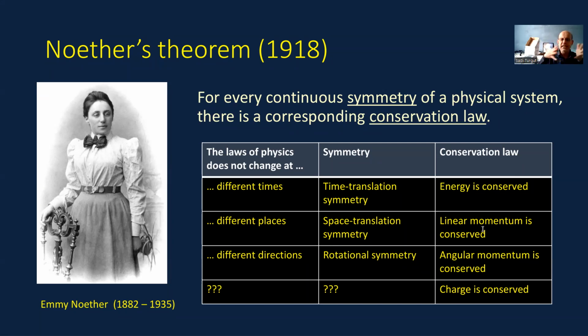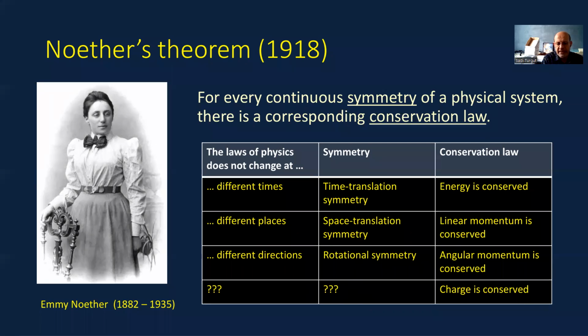Since we have 3 different directions in space, X, Y, and Z, we have 3 different conservation laws: the X component of linear momentum, Y component, and Z component. The rotational symmetry is related to the conservation of angular momentum, and there has to be some kind of symmetry related to the conservation of charge.